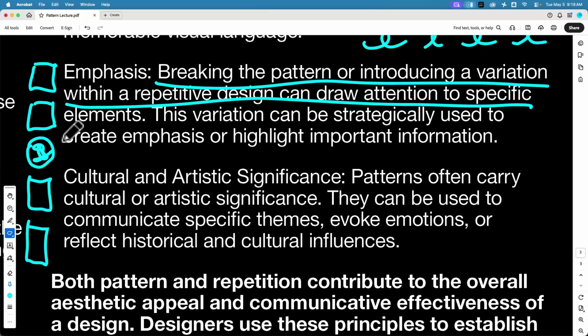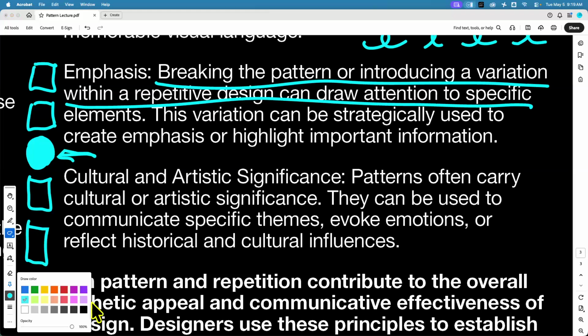And then you put something important there. This pattern changes. I created an anomaly. And now we understand, oh, I should look at this thing. In a sea of squares, there's a circle. It must mean something.